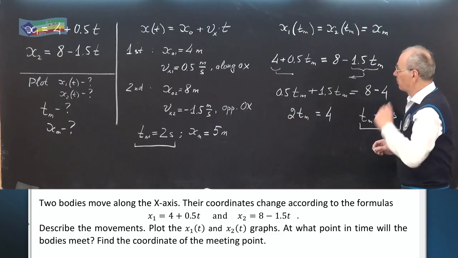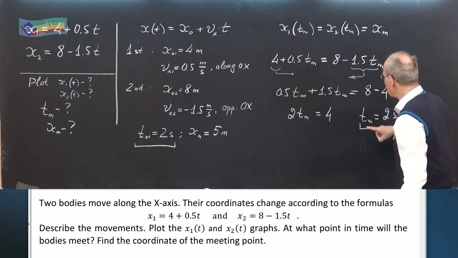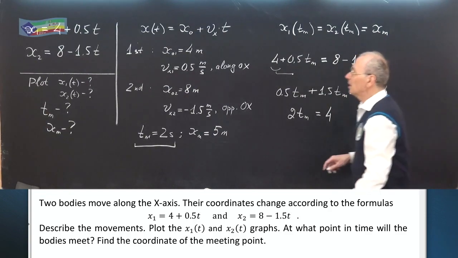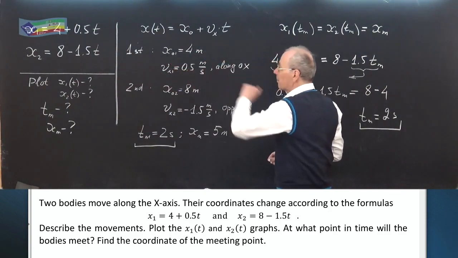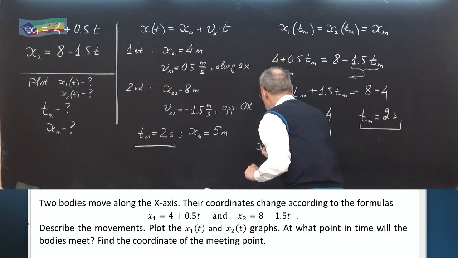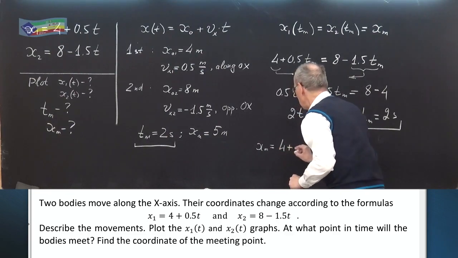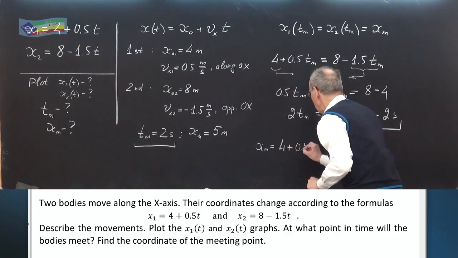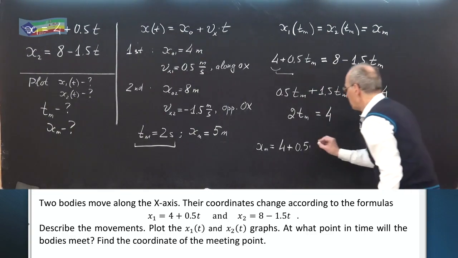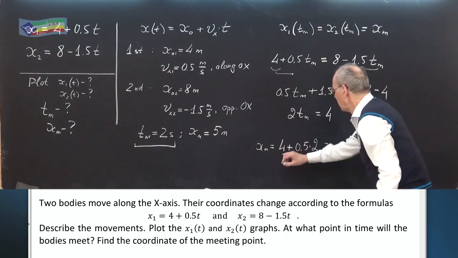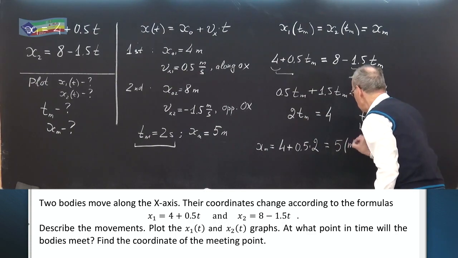Now we can find the coordinate of the meeting point by substituting this time in either of these two formulas. For example, in the first, x meeting gives 4 plus 0.5 times 2, which gives us 4 plus 1, 5 meters.